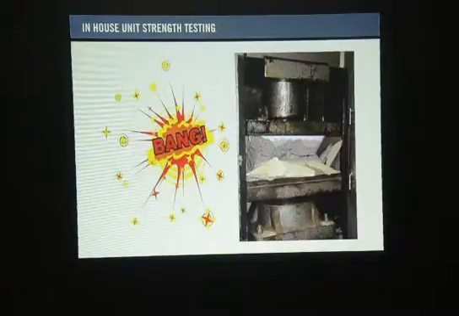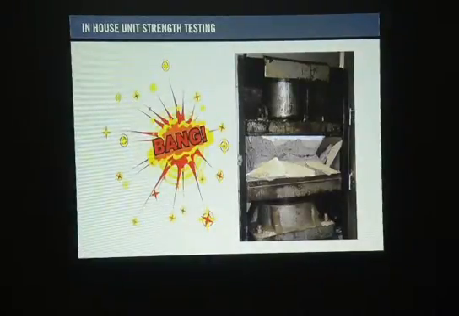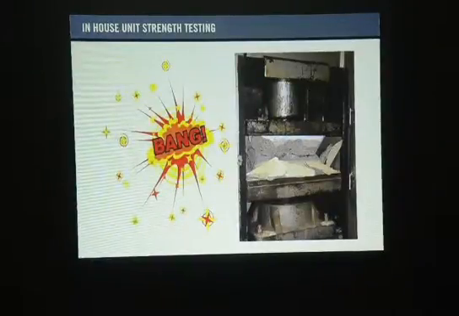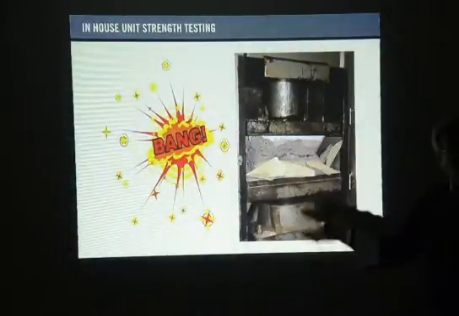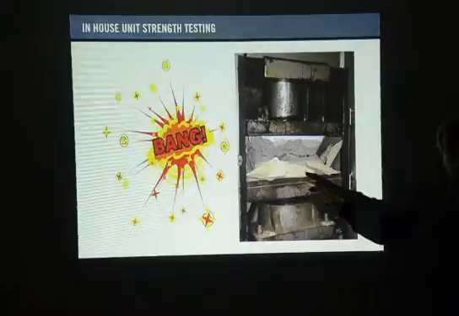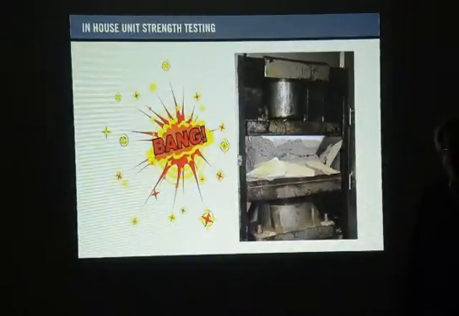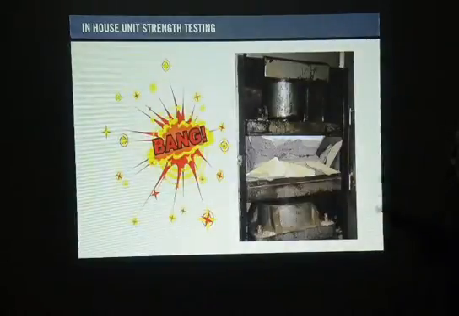So when we hear a bang at this lab, that's where the unit, the CMU, has failed. And that's where the number comes out, such as 2,000, 2,100. For our medium weight, our average is about 3,000 compressive strength. So we're well above the ASTM number on that, but that's where it fails.